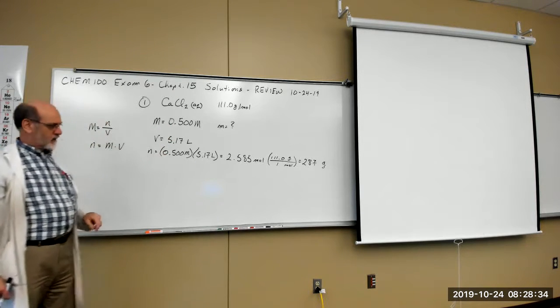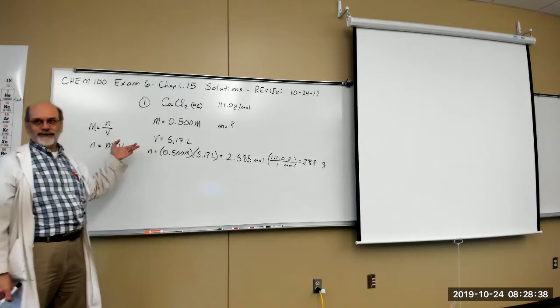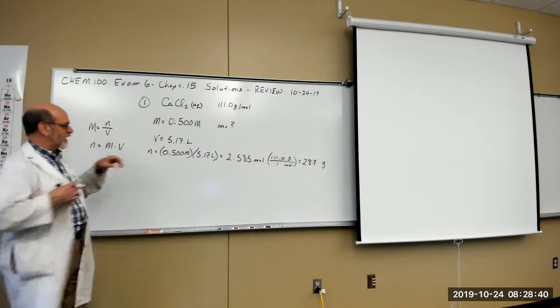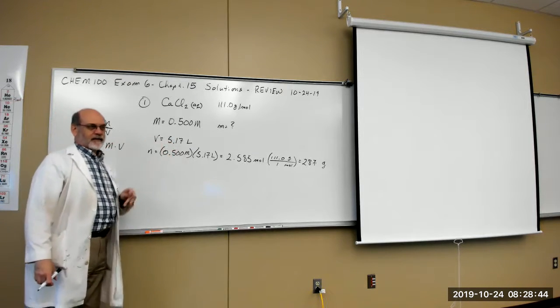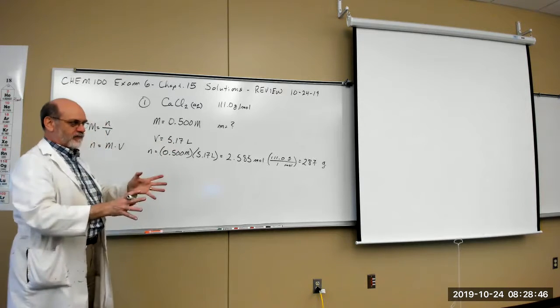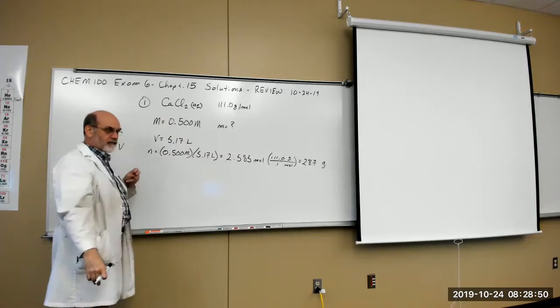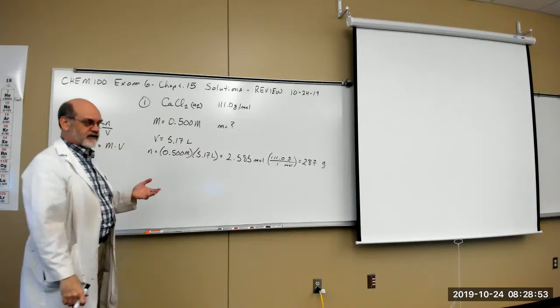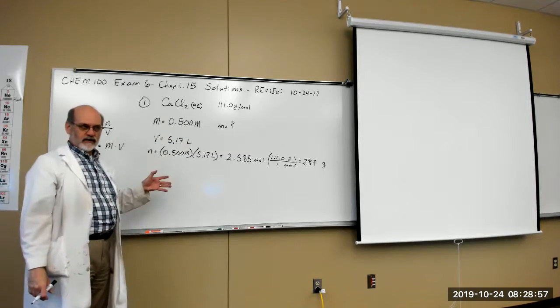Now, as a practical matter, is that going to be easy to do? No, because we don't have any glassware that's calibrated for exactly 5.17 liters. So if you actually go into the lab to produce a 0.5 molar solution of calcium chloride, your glassware is going to be limited to, say, a 1 liter volumetric flask or a 2 liter.